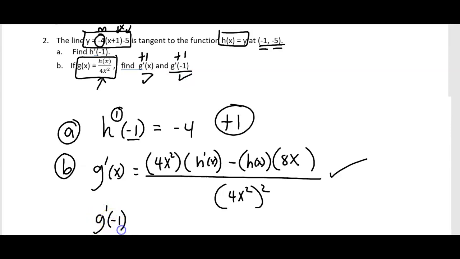So what that means is I'm going to be plugging -1 into all these things here. So 4 times -1 squared. I'm going to use brackets now so it doesn't get too ugly and confusing.